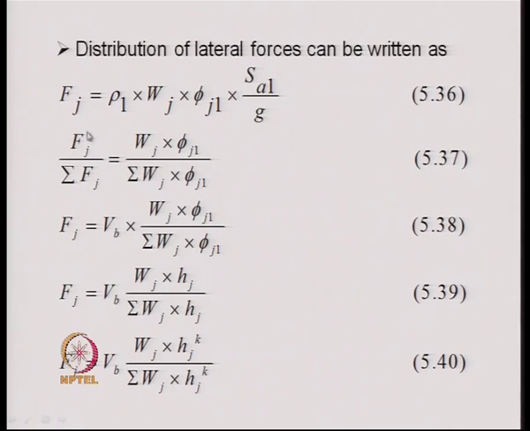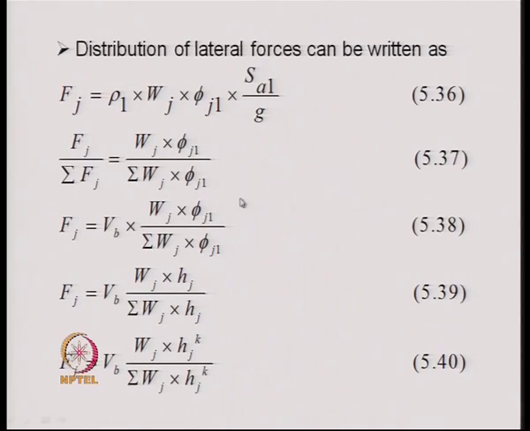Now, we can obtain the ratio of the force acting at any particular floor level and the total force. The total force means the base shear. So, this ratio can be expressed like this, that is Wj multiplied by phi j1, divided by the summation of Wj and phi j1 over all the floors, giving the value of base shear.